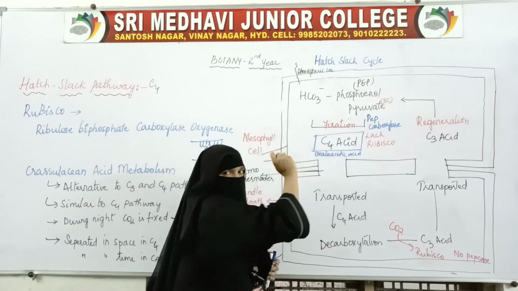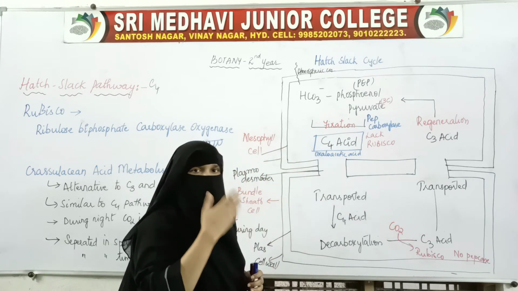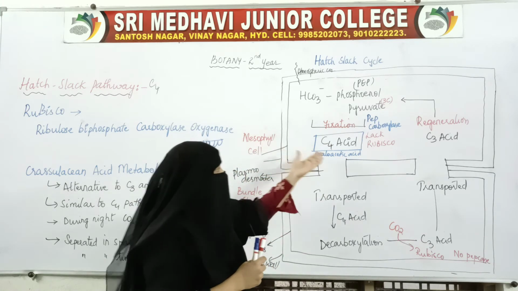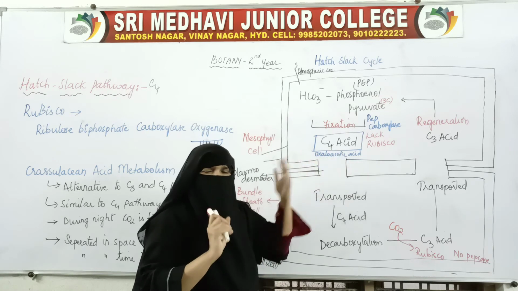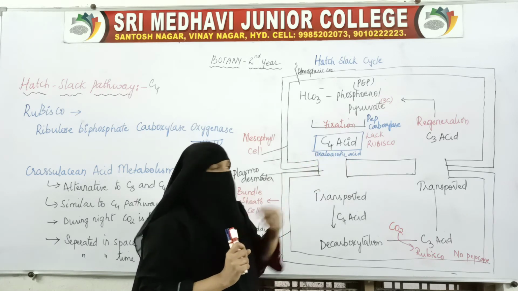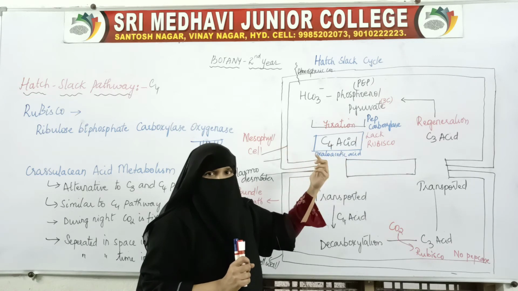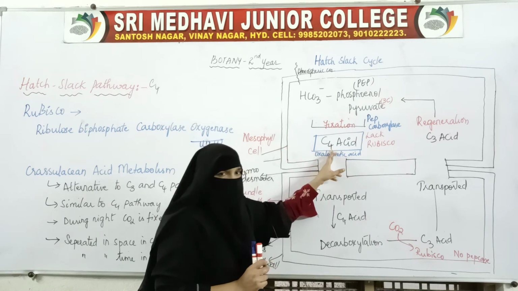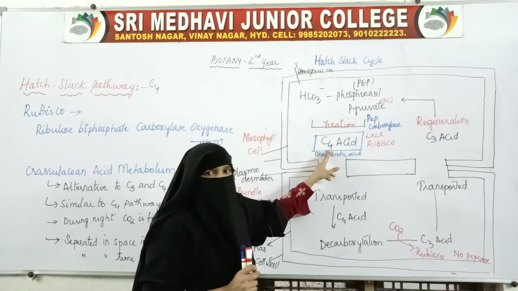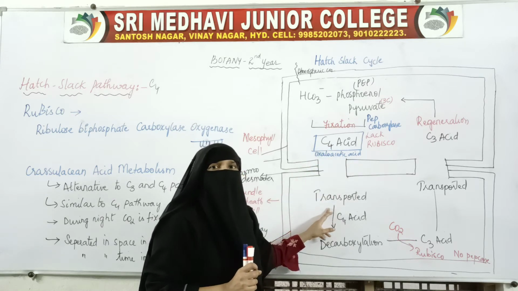So the C4 acid, oxaloacetic acid, which is changed into malic acid and aspartic acid, all of them are 4-carbon compounds only. That 4-carbon acid is transported from the mesophyll cells to the bundle sheath cells.